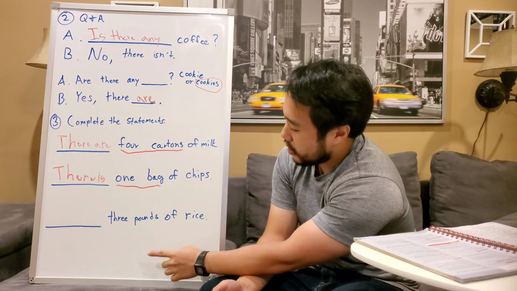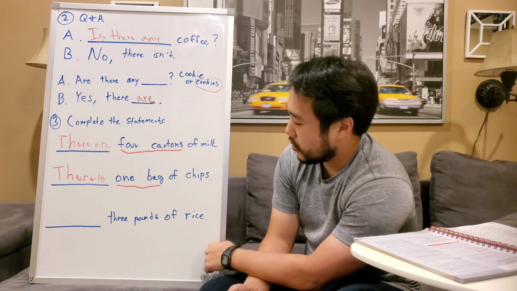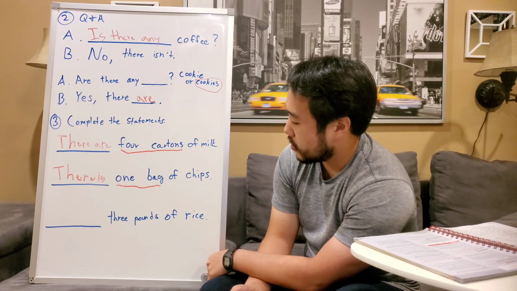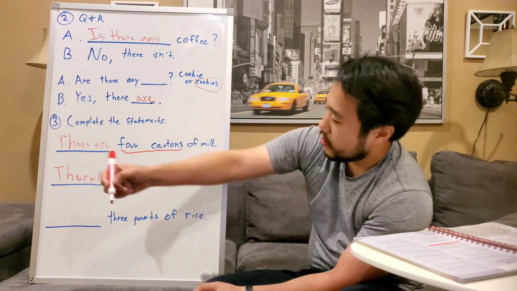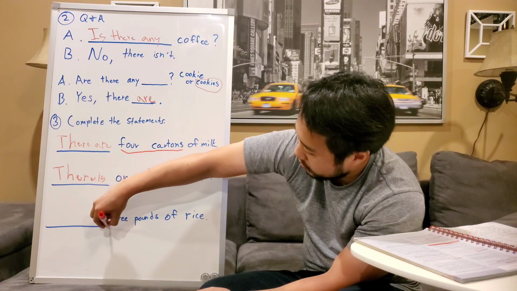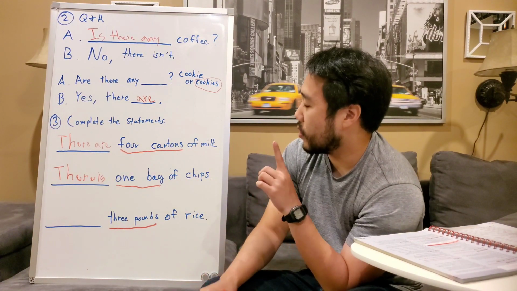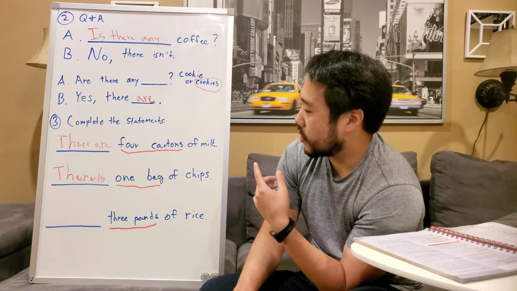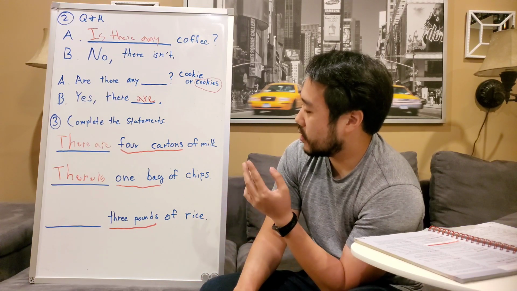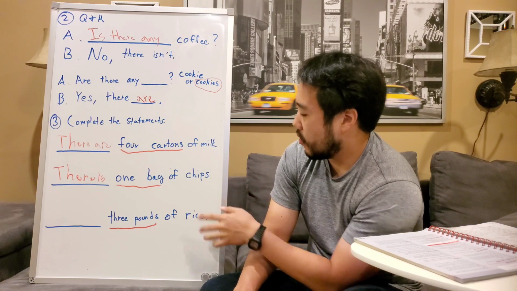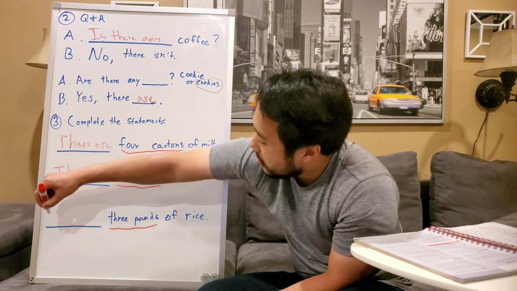Now here, blank, 3 pounds of rice. The measuring unit here is 3 pounds. If it was 1 pound, we can say there is, but since it's more than 1 pound of rice, we have to say there are.